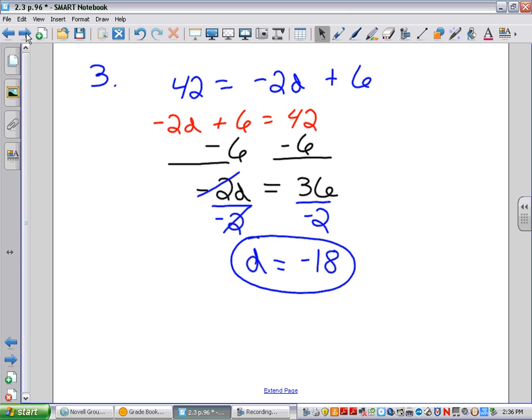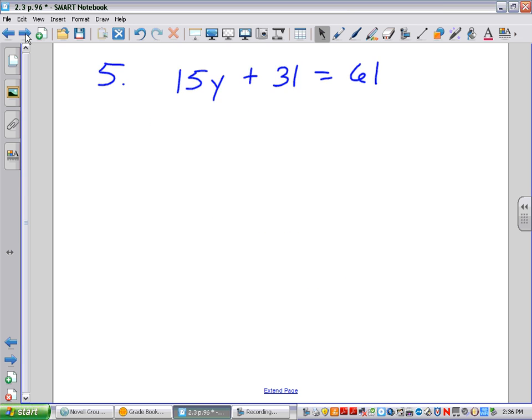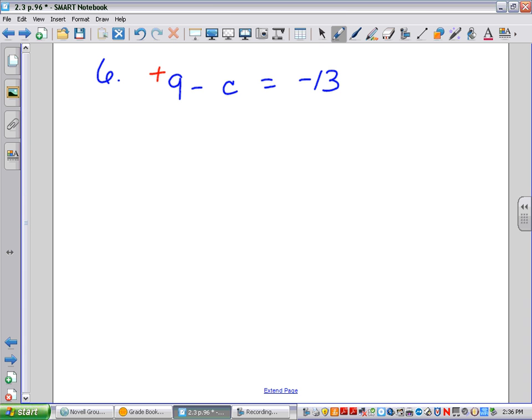Let's go to number 6. 9 minus c equals negative 13. Watch your negative on this problem. If you have a 9 out front, technically that's understood to be a positive 9. So to get rid of it, we want to subtract 9 from both sides. That way these are my opposites and I can mark those out. But I don't just bring down the c.